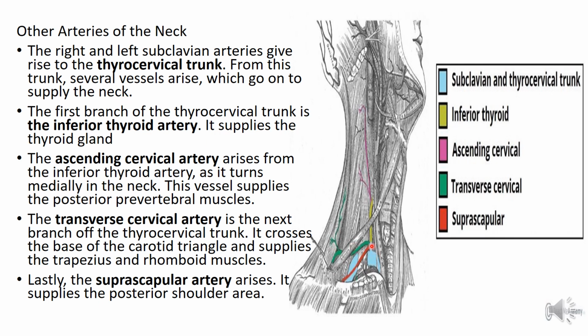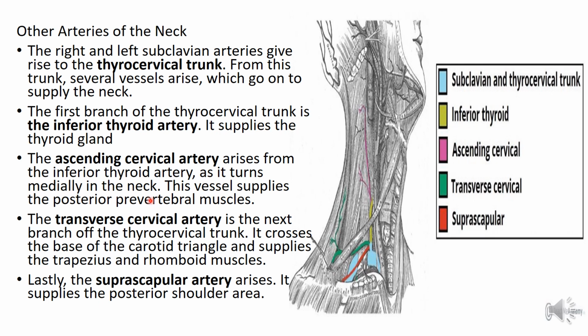The first branch of the thyrocervical trunk is called the inferior thyroid artery. This yellow colored vessel is the inferior thyroid artery, which supplies the thyroid gland. Then, from the inferior thyroid artery, the ascending cervical artery arises. This is the inferior thyroid artery and this is the ascending cervical artery, colored in violet.